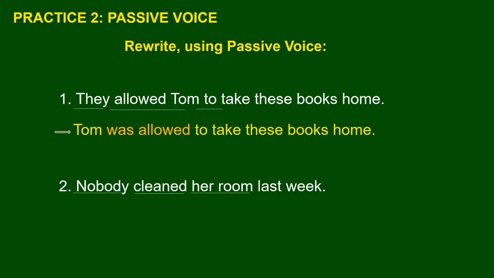It means that no one, so we have to use the negative form here. So "wasn't", because the sentence is in past simple. So the answer for this sentence is: her room was not cleaned last week. Is it clear?